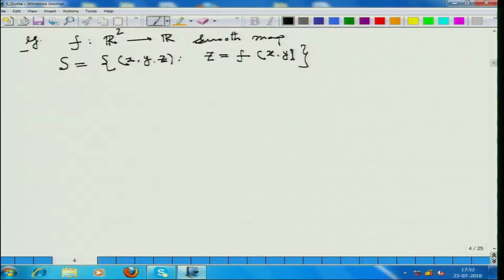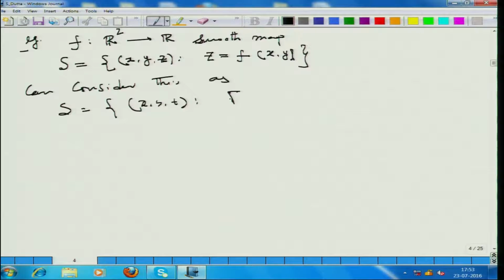We can also consider this as changing F, so that F equal to 0, where F is from R3 to R. So, this is a level surface.